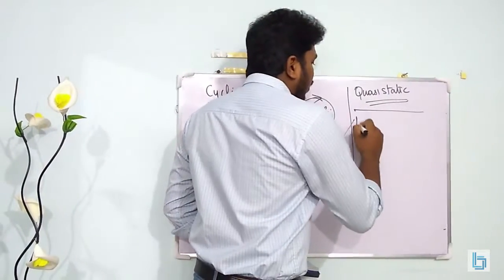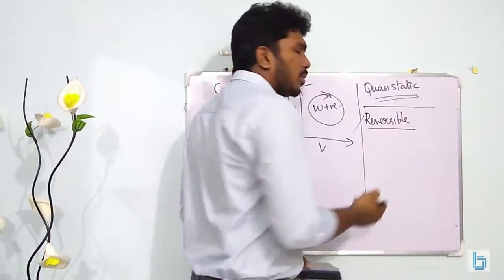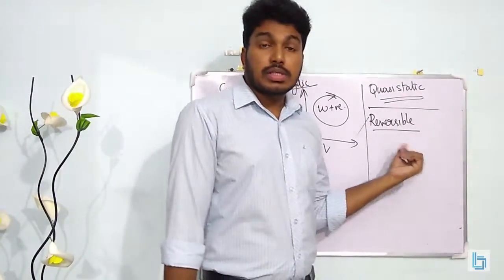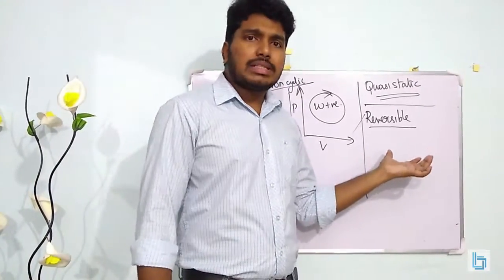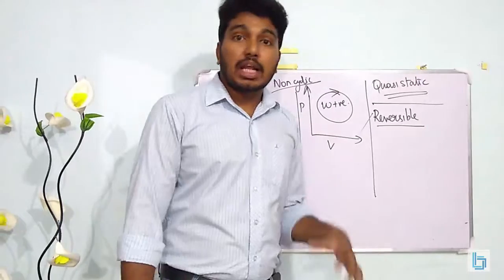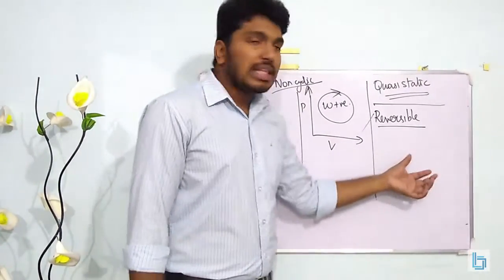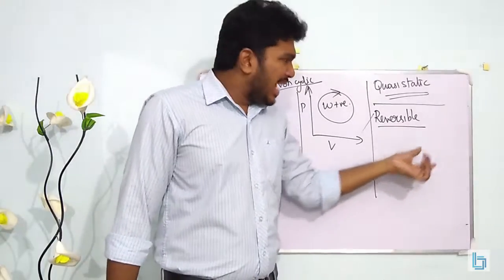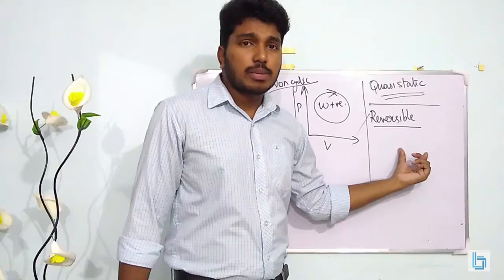And the next one is a reversible and an irreversible process. What is a reversible process? A reversible process is a process which can be reversed by repeating all the changes in the direct process in the opposite order. By doing that, we can retrace and come back to the initial state. That is what we mean by a reversible process.